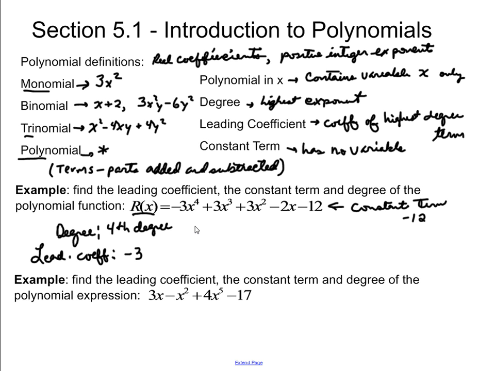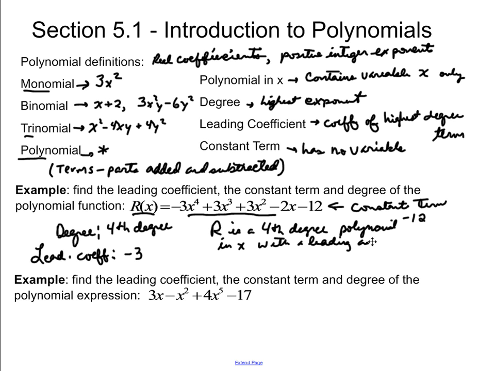Well, in this case, if we were to classify this by its full name, r of x is a fourth degree polynomial in x with a leading coefficient of -3 and a constant term of -12.